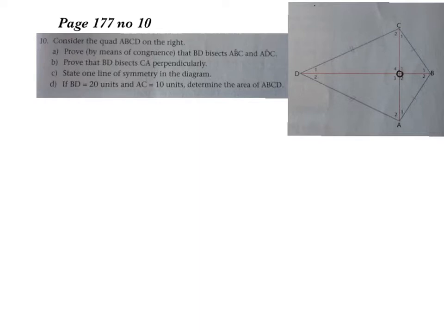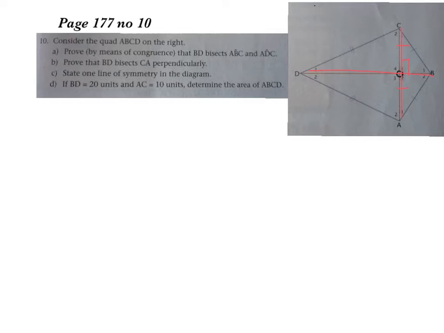Our next task: prove that BD bisects CA perpendicularly. So we're looking at proving that this line and this line bisect at a 90-degree angle, and that this line is equal to that line.